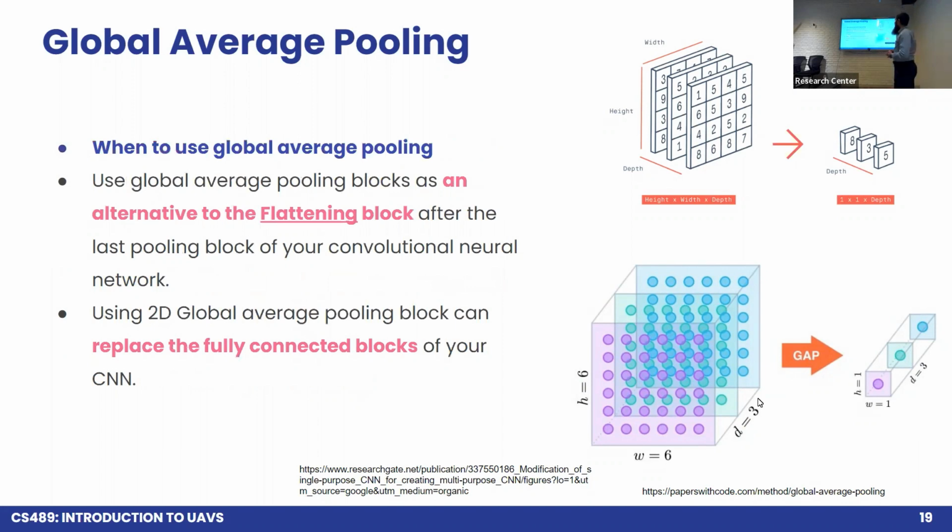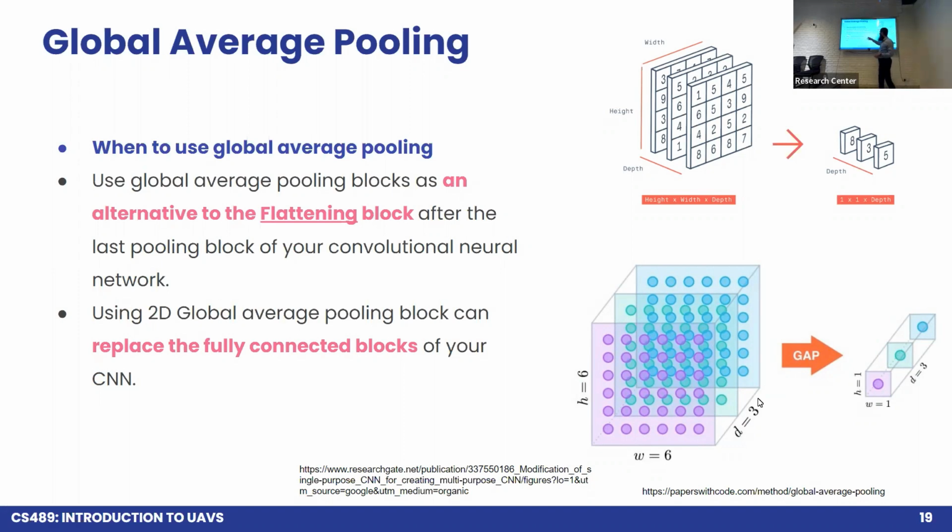So when do we need to use global average pooling? Usually, when you have a convolutional neural network, at the end you need to do flattening to have only a one-dimensional vector before going into the dense layer for classification. One of the ways to replace flattening is to use global average pooling.